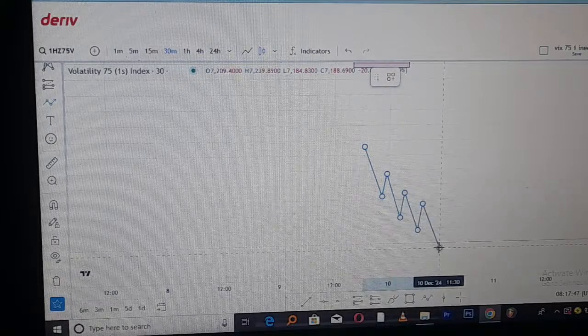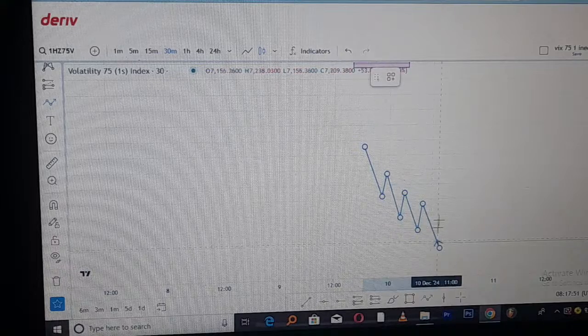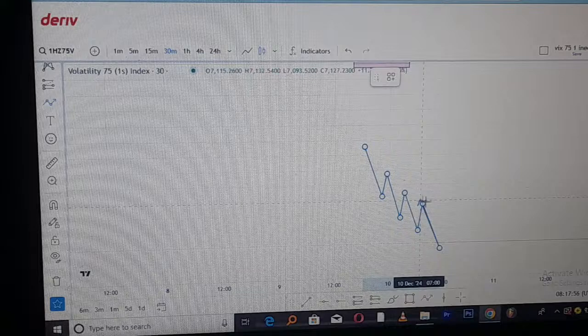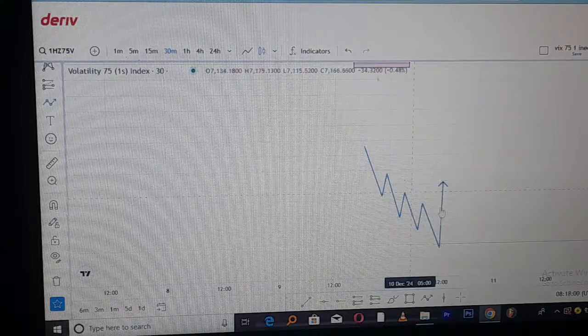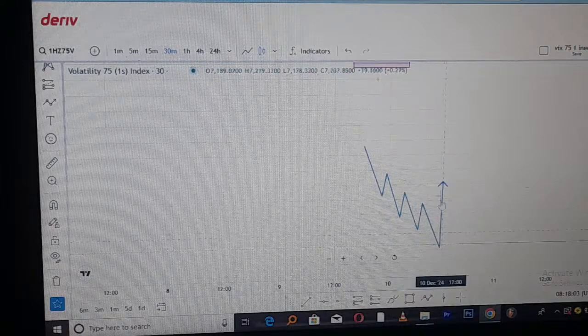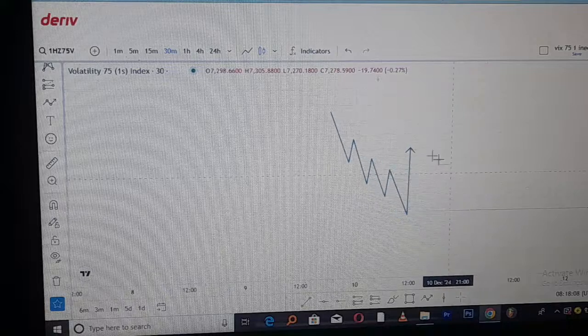Now the market is heading down. We have to wait for the market to move from this downtrend to start going to uptrend. Whenever the market breaks this high here, like that, that will be enough for us to know that here the market has started to shift from this downtrend, and then we are moving to the uptrend. This will be enough for us.